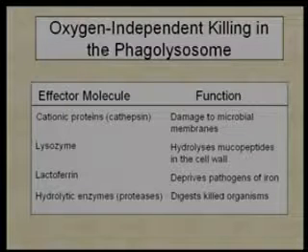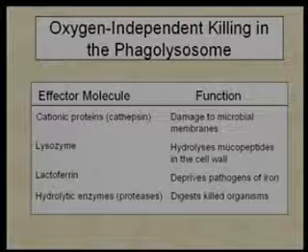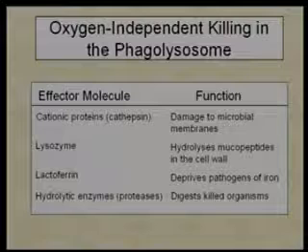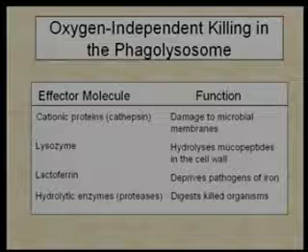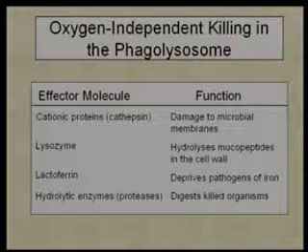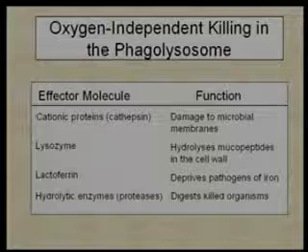The lysozyme will hydrolyze and break down the cell wall of the bacterium. The lactoferrin deprives the microbe of iron. And then there are a series of hydrolytic enzyme proteases in there that digest and kill the organism. So even in situations where you don't have the respiratory burst, or if the respiratory burst is compromised in some way, we have these oxygen-independent killing mechanisms to protect us.